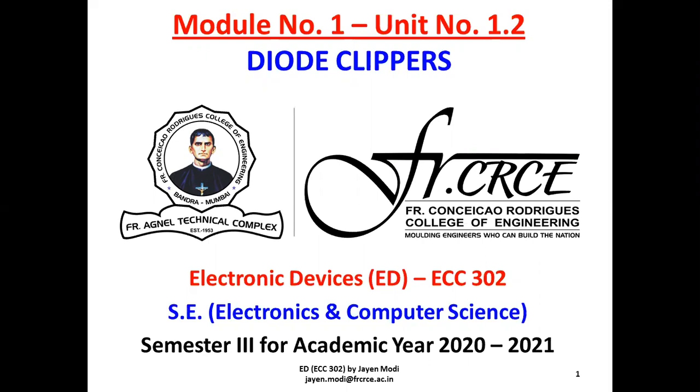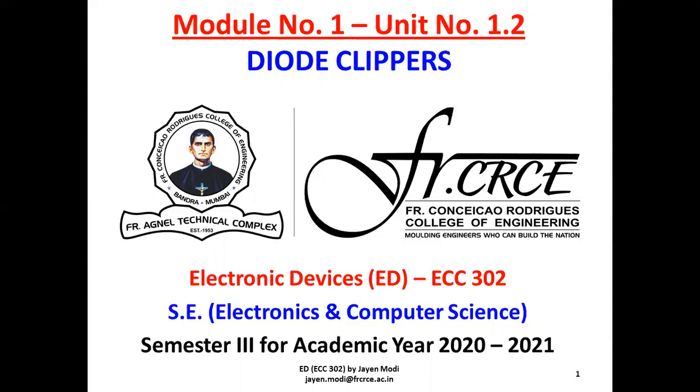Previously, when we saw the video lecture session of unit number 1.1, we had basically covered the PN junction diode structure, construction, its operation in forward bias, reverse bias, characteristics, and the effect of temperature on the PN junction diode operation.